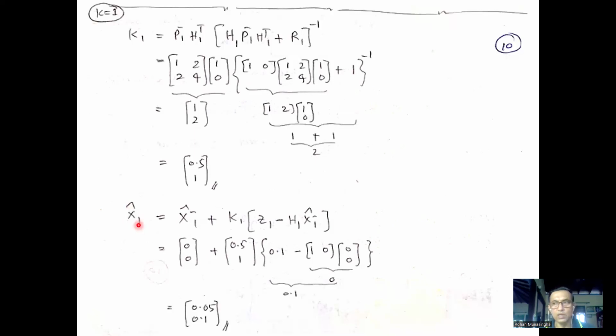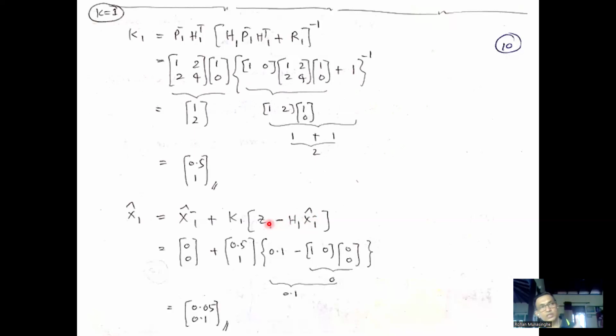Okay, when k equals 1, what is the best estimate by the Kalman filter? So this is the equation for that: x1 hat minus, the predicted value, plus the Kalman gain calculated for that time step times z1, that is the measurement, minus H1 x1 hat minus. This is the predicted state. This is the sensor measurement.